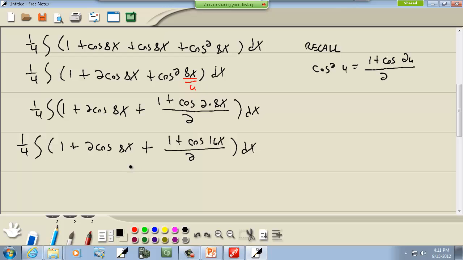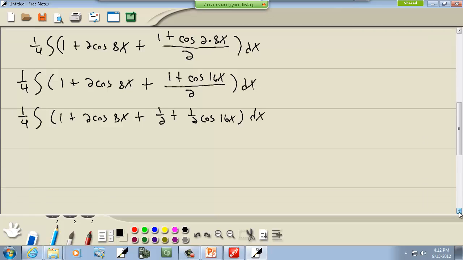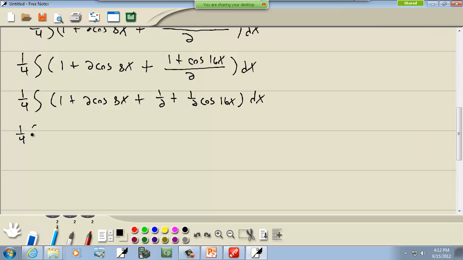Now I'm going to split these up a little bit. These are like two separate fractions here. So we've got 1/4 and then 1 plus 2 cosine 8x plus 1/2 plus 1/2 cosine 16x dx. Well, 1 plus 1/2 gives us 3/2 plus 2 cosine 8x plus 1/2 cosine 16x dx.